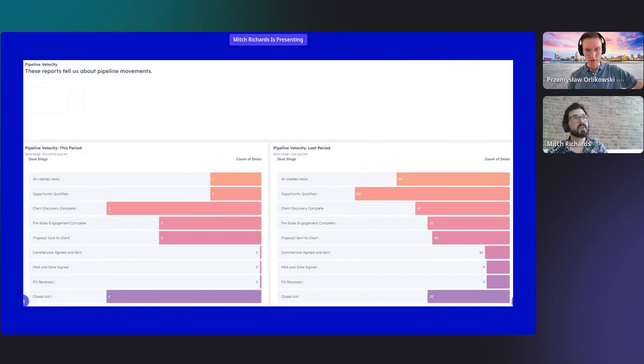If you have more closed losts than you have created, you have pipeline contraction, and that's a serious problem. If you're creating more than you're losing, that's where you want to be.